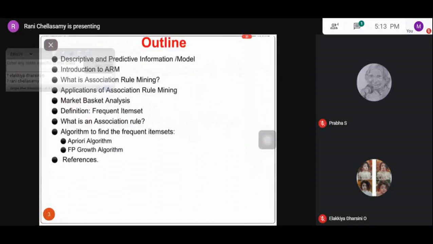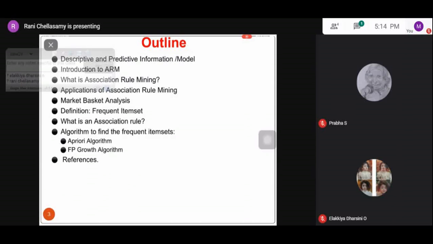First, we'll be seeing what is meant by descriptive information and predictive information or model, that is, the comparison of the descriptive model and the predictive model. Next we'll see the introduction to association rule mining, what is meant by association rule mining and where we can apply it.